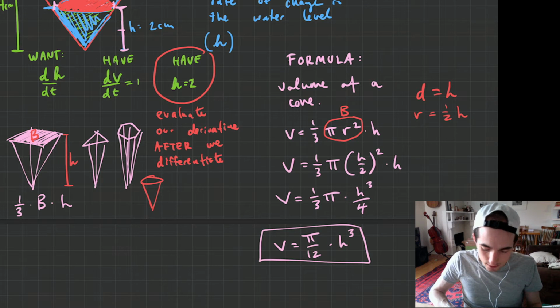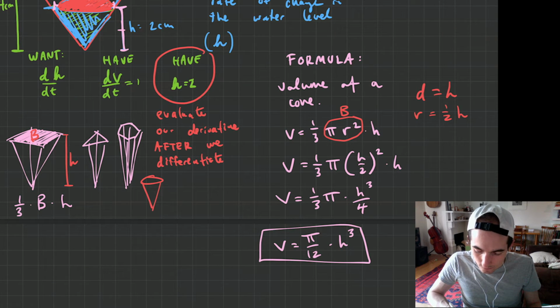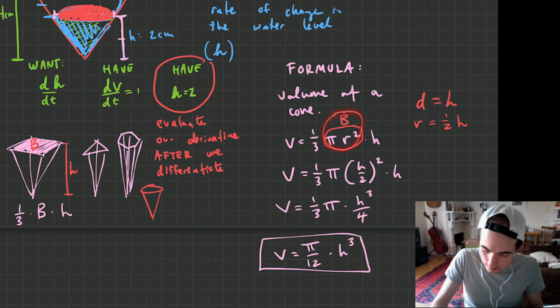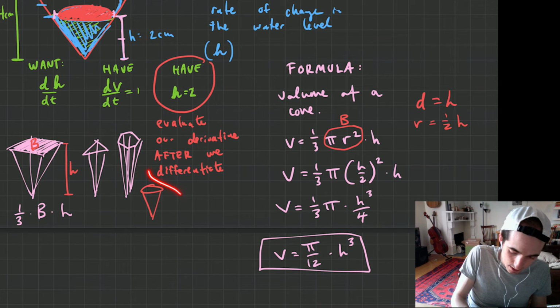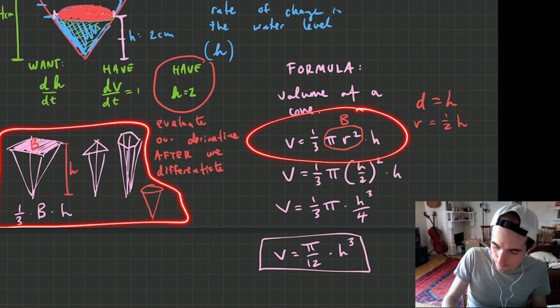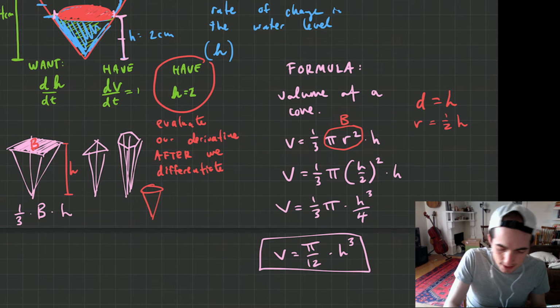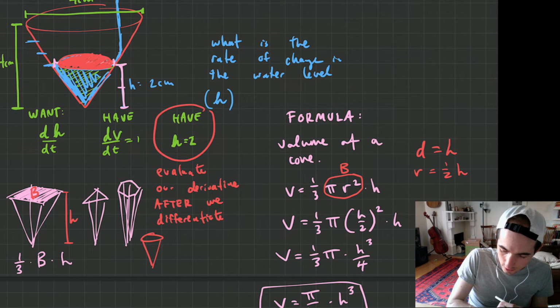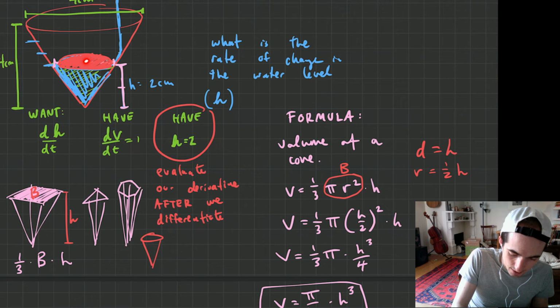Now we want to find the... Why did I circle this? Like this thing here? Because I was making the connection between these formulas and this formula. So b here is the base, which is the face of the cone, which is a circle, and that circle has dimensions pi times r squared.